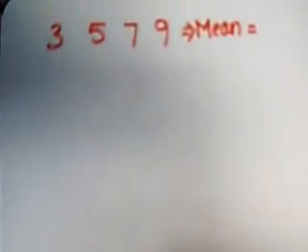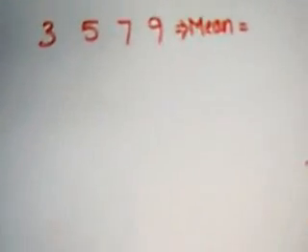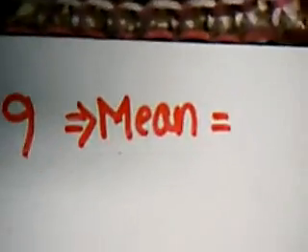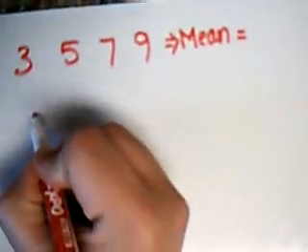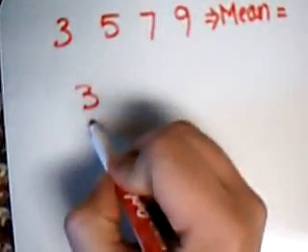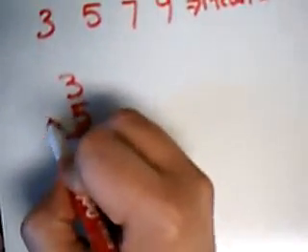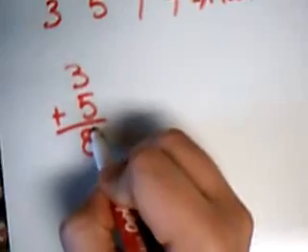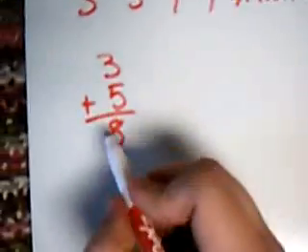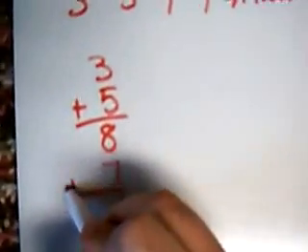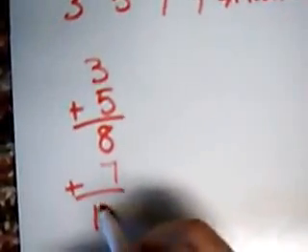Okay. So here, as you can see, I have the numbers 3, 5, 7, and 9. Okay, so we're going to find the mean of those numbers. Okay, so we're going to add them up just like we did before. We have 3 plus 5 equals 8. And then we have 8 plus 7, because as you can see, that's the next number, is 15.